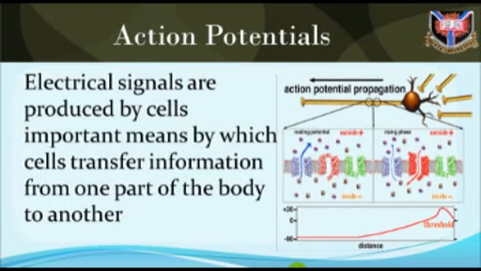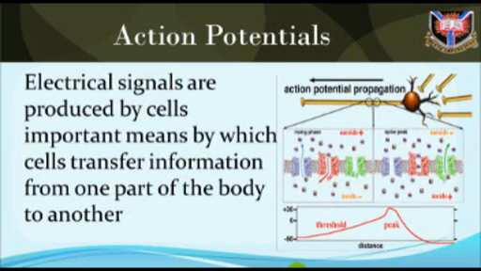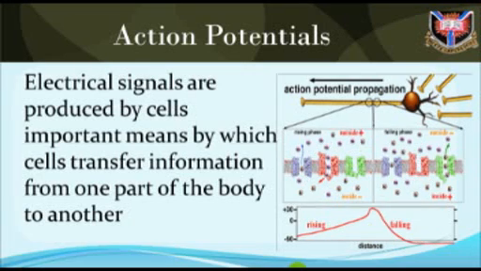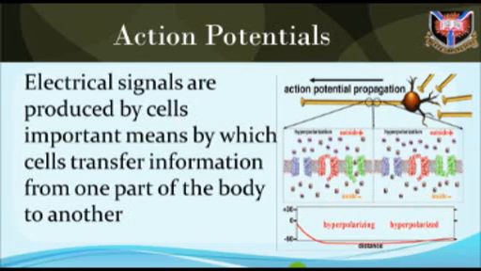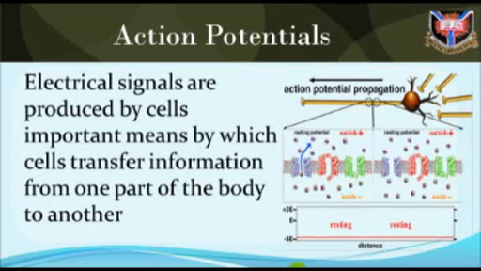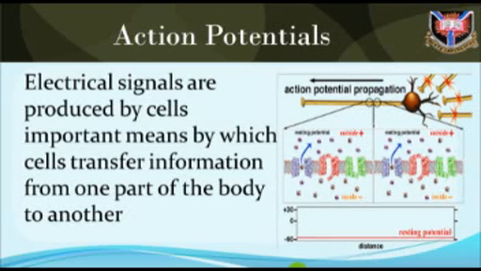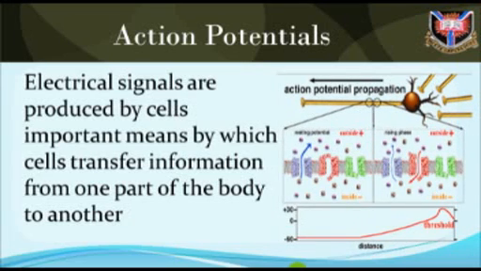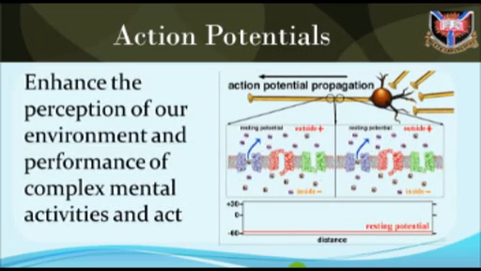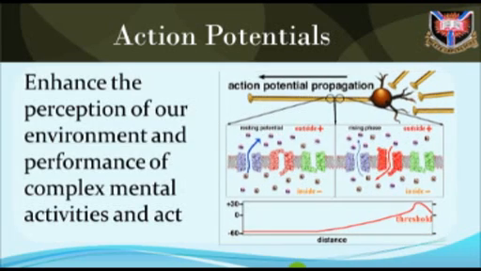Action potentials are important means by which cells transfer information from one part of the body to another. The ability to perceive our environment, perform complex mental activities, and act thereof depends on action potentials.